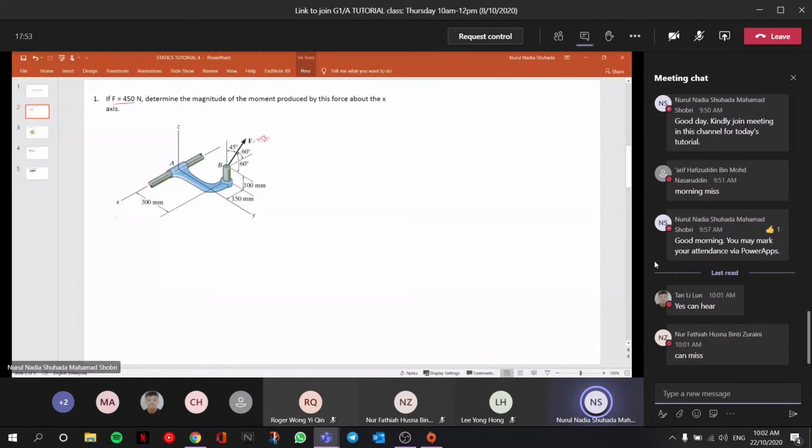The question wants us to find the magnitude, with the condition that the moment has to be about the x-axis. That means to find the moment about an axis, we have to use this formula.